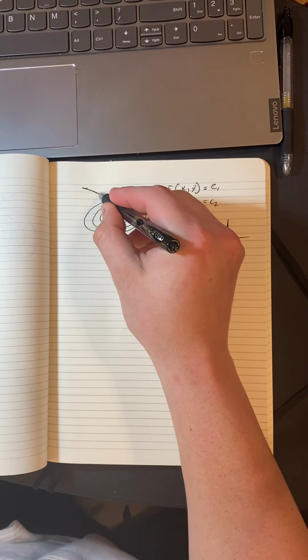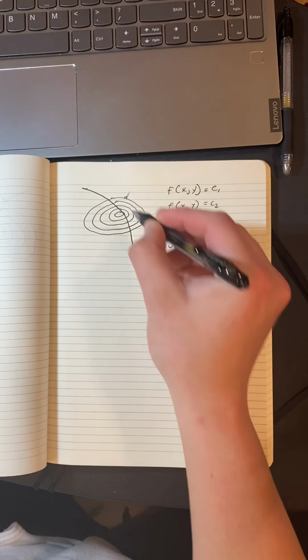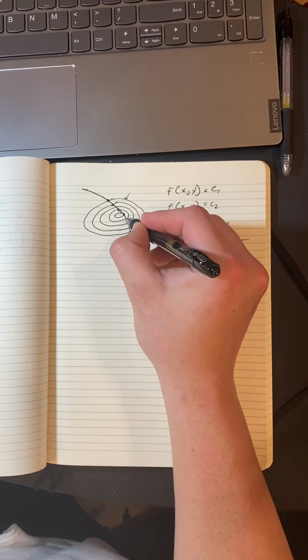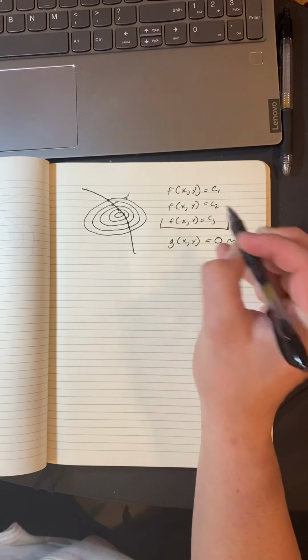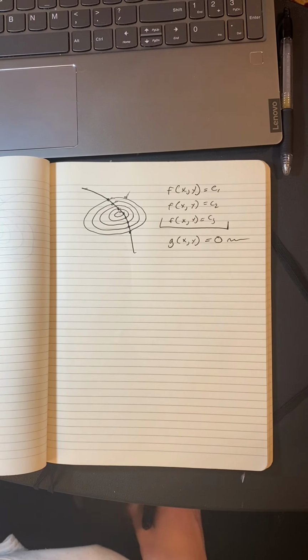And it will form a line intersecting through various points of our f function, these contour lines.